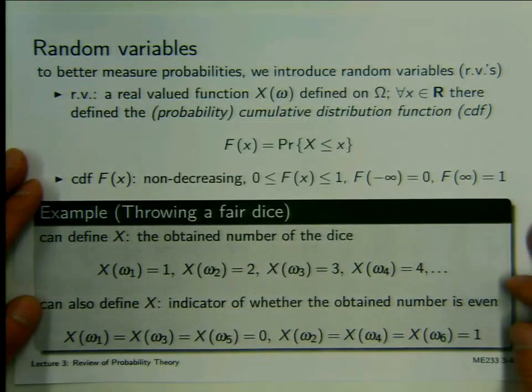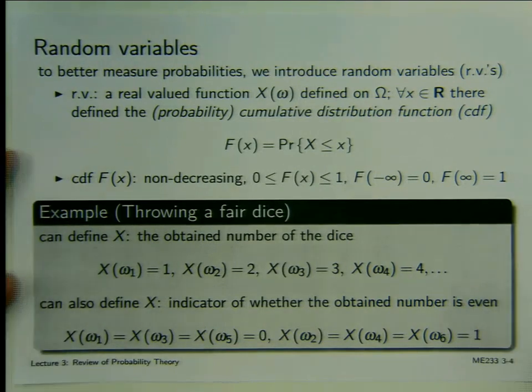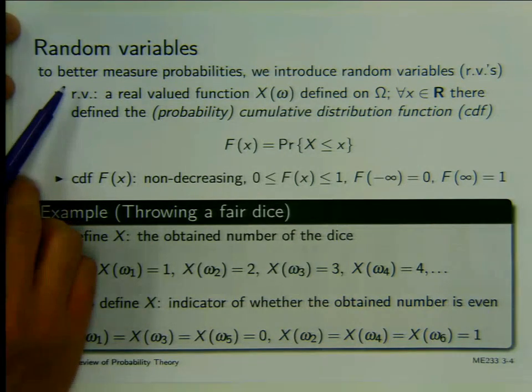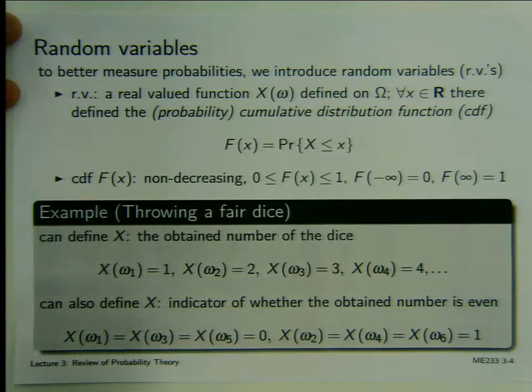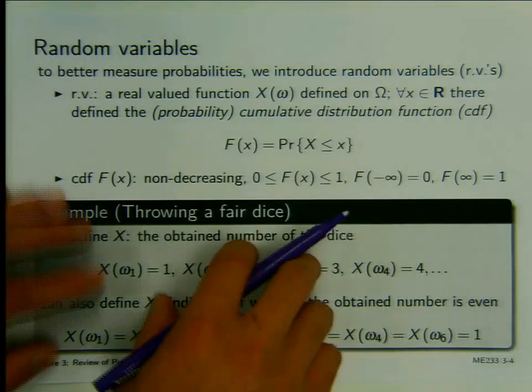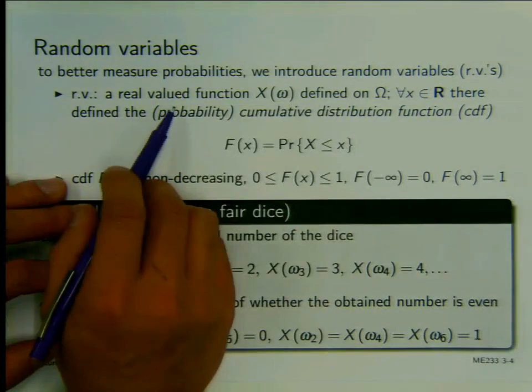Random variable is simply the most important concept to start with in analyzing probability and statistics. The reason we introduce random variables is that we have to somehow be able to mathematically evaluate how likely things are going to happen. So a random variable is a real valued function.